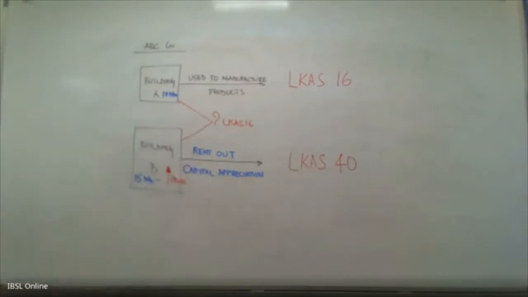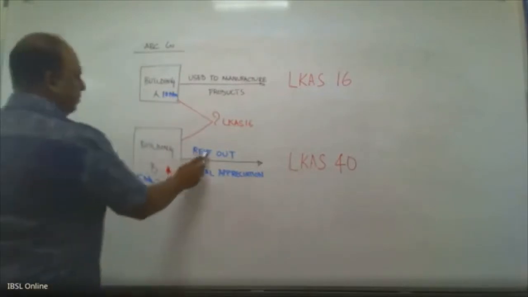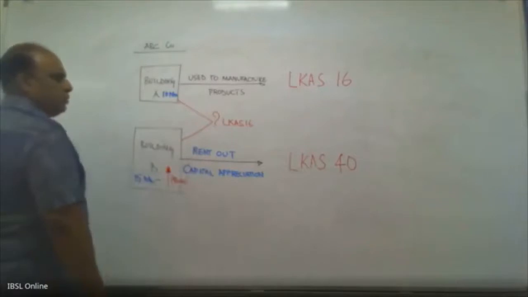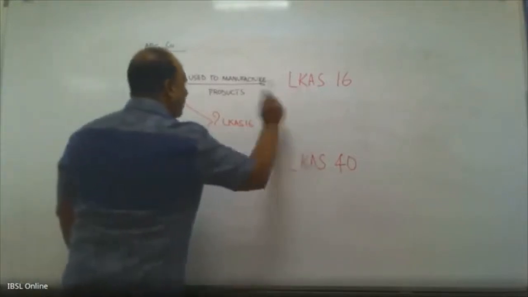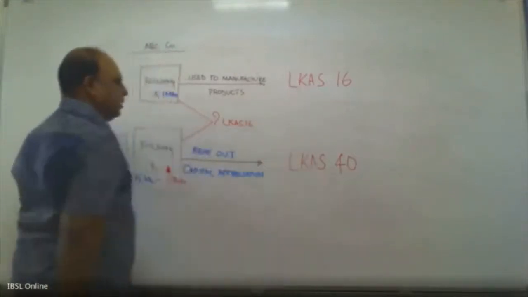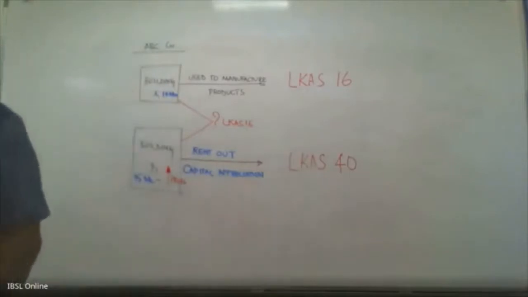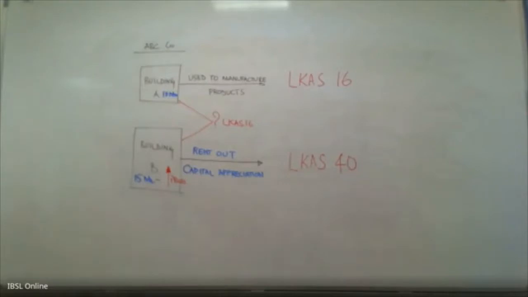So the moment I decide on one of the two, I don't have an option to apply LKS 16. I can apply LKS 40. Is that understood? If so, you can take down. Please take down this. This will help you to understand.